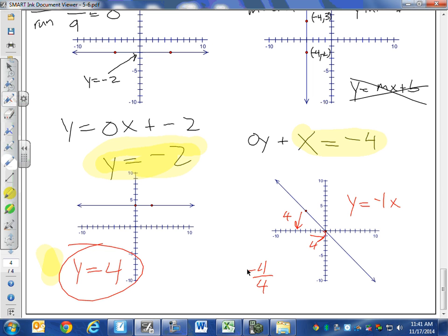You could have gotten 4 over -4. That can be simplified to be -1. The y-intercept is at 0, so instead of writing y equals -1x plus 0, just y equals -1x, or y equals -x. Whatever you want would be the equation of that line.